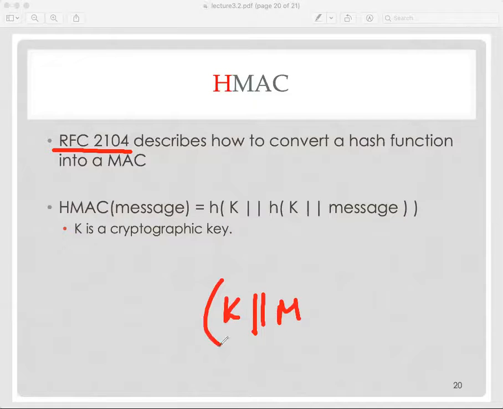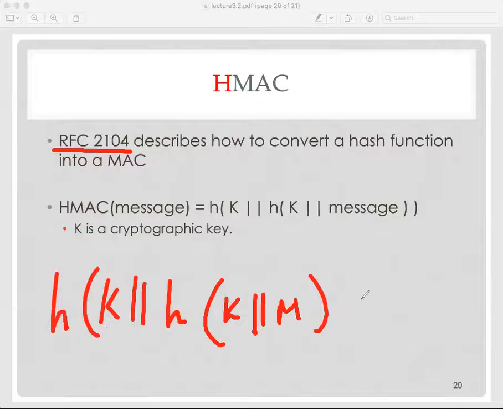Then it hashes this, and does another concatenation of the output with the same key again, and then hashes all of this. So we do hashing twice to prevent some attacks that exist today.